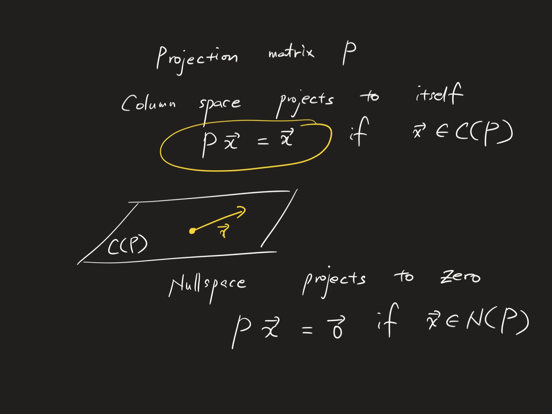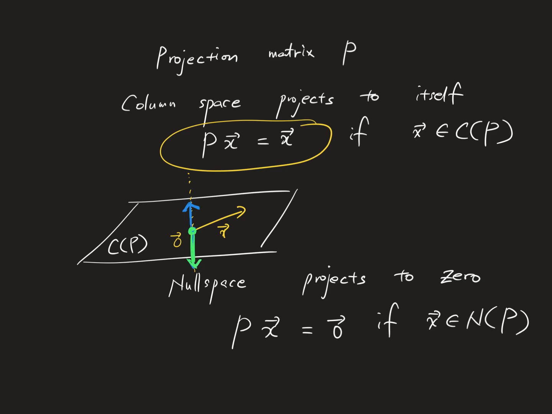In this case, this is the origin, and we have some kind of line here. In this example, the line here, and a vector on this line, after projection, goes to the 0 vector. So any vector like this vector, also this vector, after projection, goes to the 0 vector.